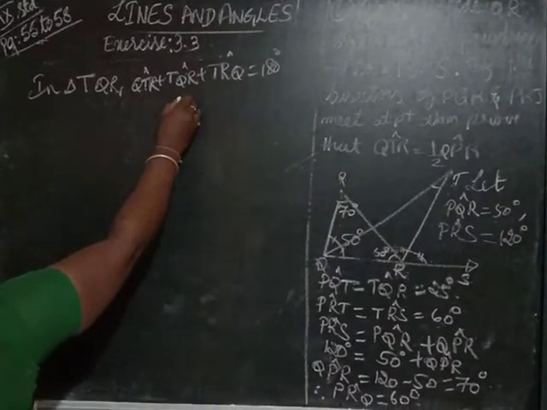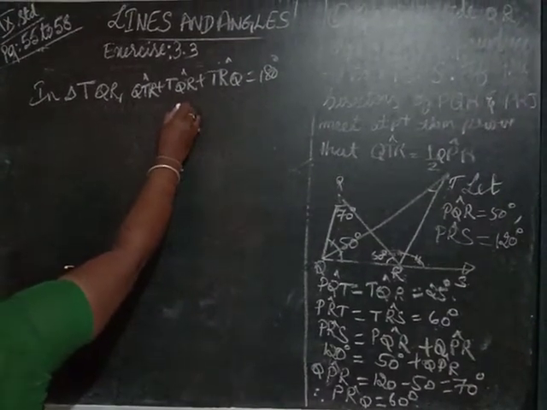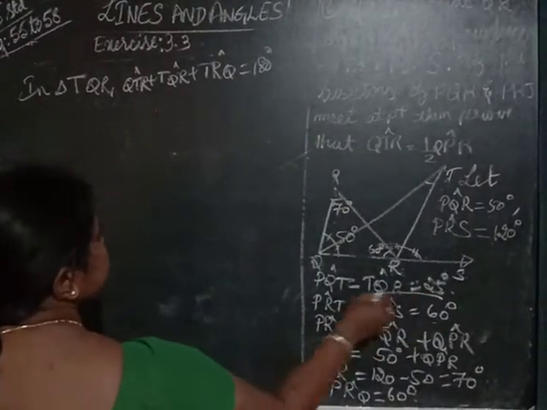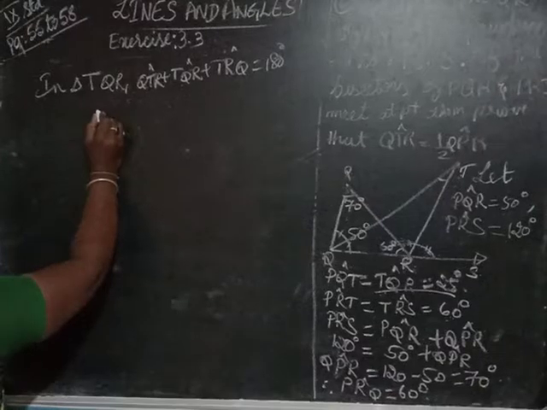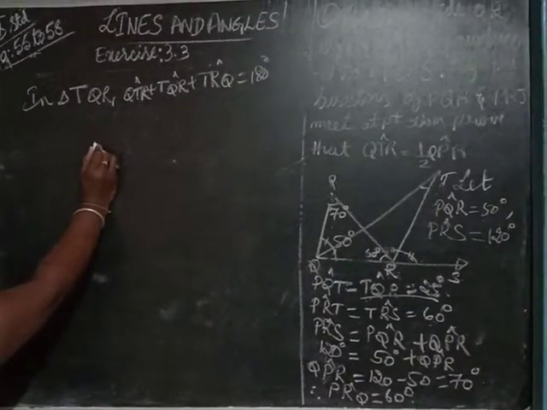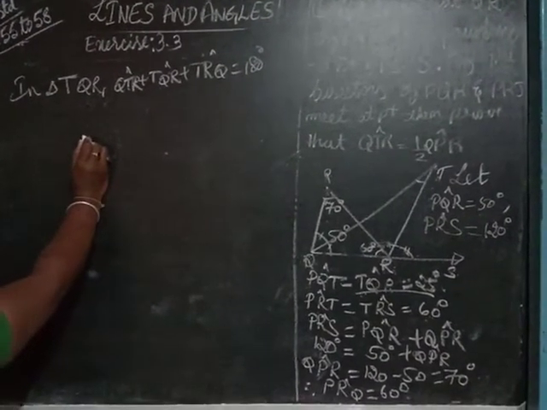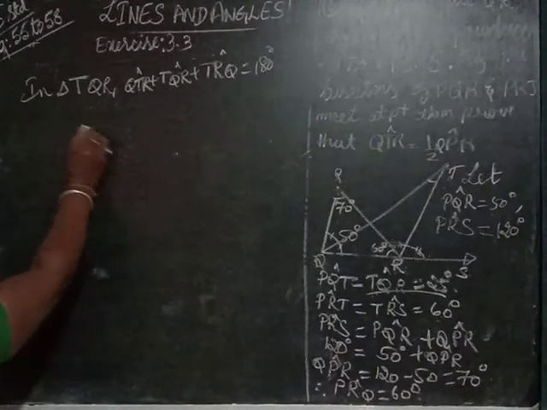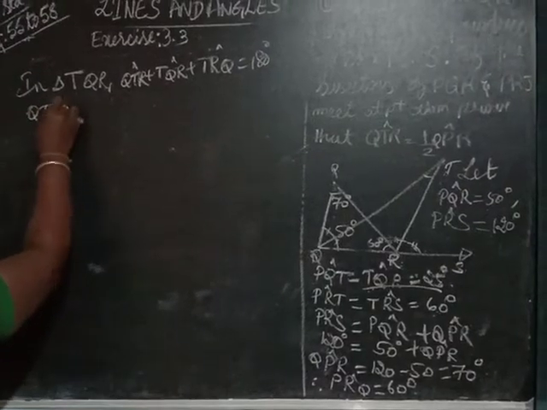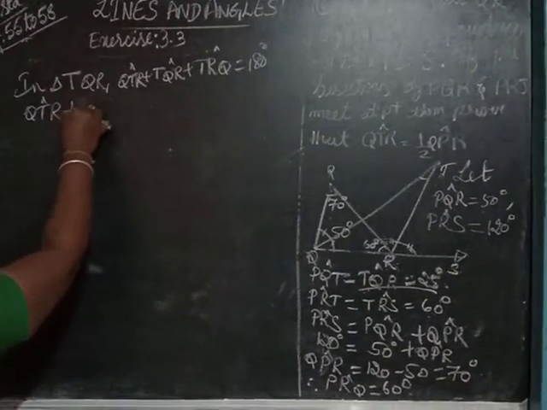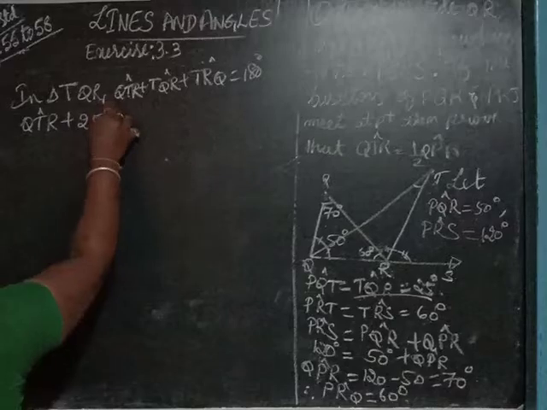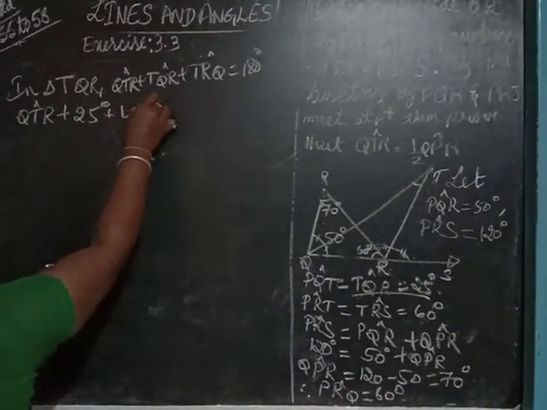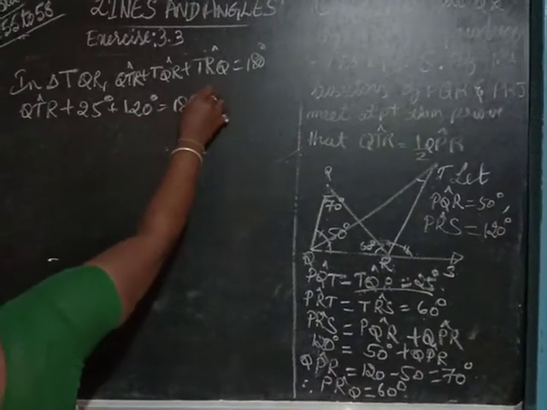Now TQR is how much? 25 degree. TQR is 25 degree. So then QTR we have to find out, right, as it is. QTR plus TQR is 25 plus TRQ is 120 degree is equal to 180 degree.